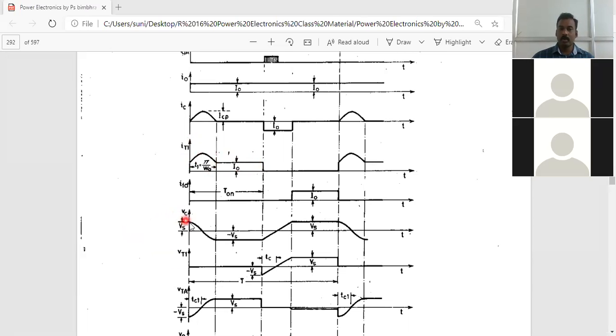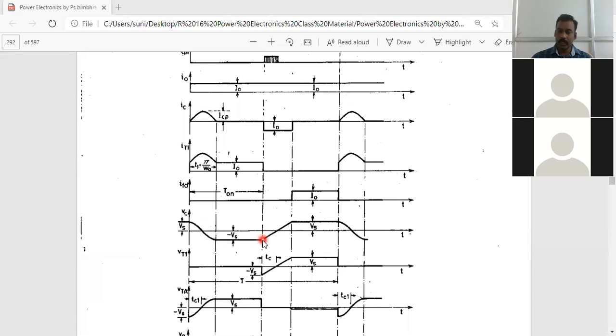And consider this voltage here, which is VC, the capacitor voltage. The capacitor voltage is initially charged to positive Vs, and as soon as T1 is turned on, it is charged in the reverse direction, with a magnitude of minus Vs. This charge prevails until the auxiliary thyristor is in the blocking state.